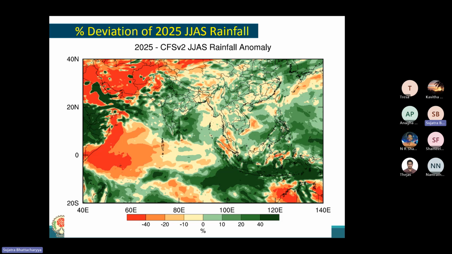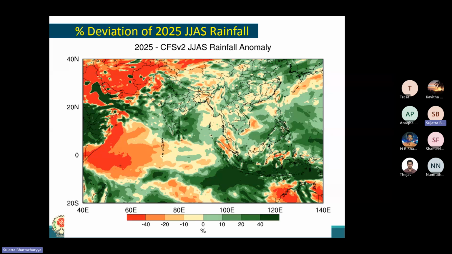Okay, now let us see for 2025. If I take the 10 ensemble mean June, July, August rainfall anomaly over a spatial scale, you can see this is our Indian region. By and large there are a lot of patchy features because it is rainfall, and with the resolution you are getting small contours.